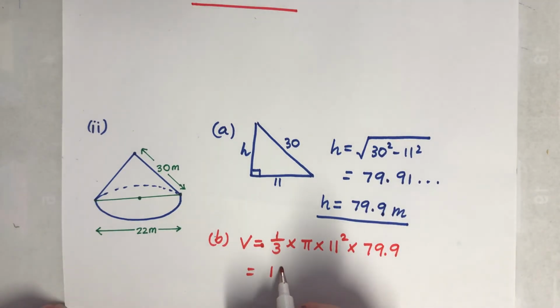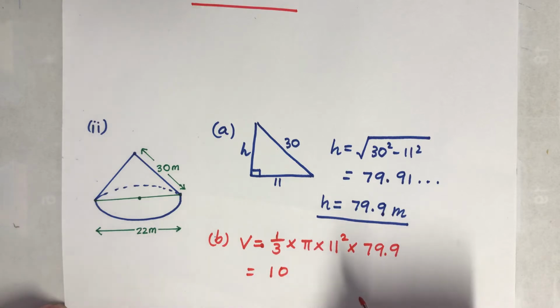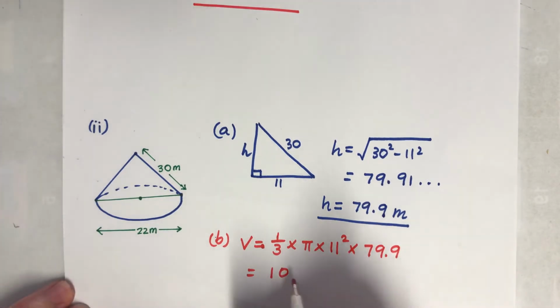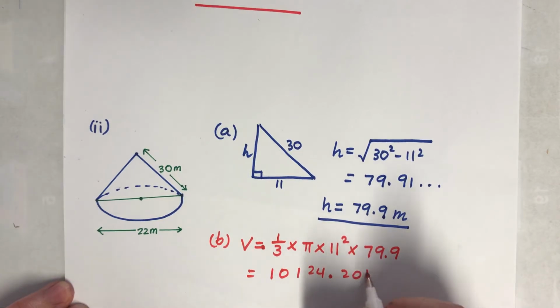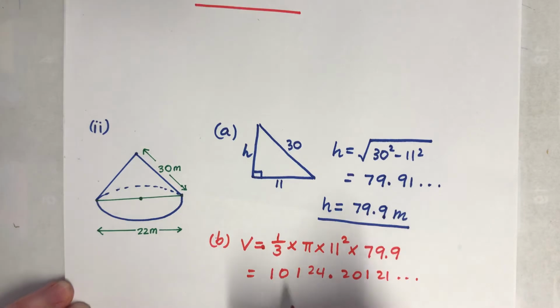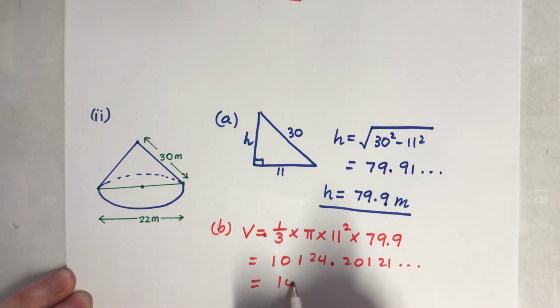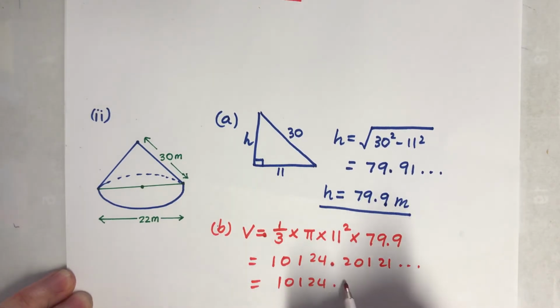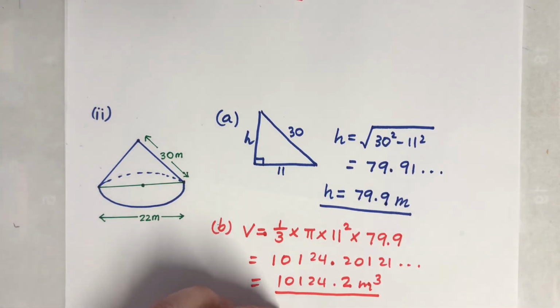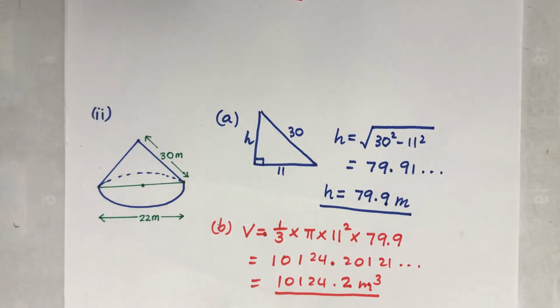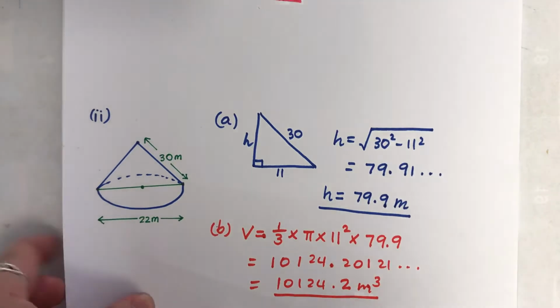I will get 10,124.20121 dot dot dot, but it's 1 decimal place, so I will just do that, and meters cubed. So that's my answer. Okay, the next question, question 2.